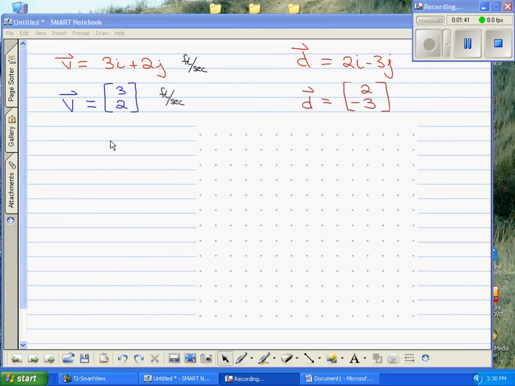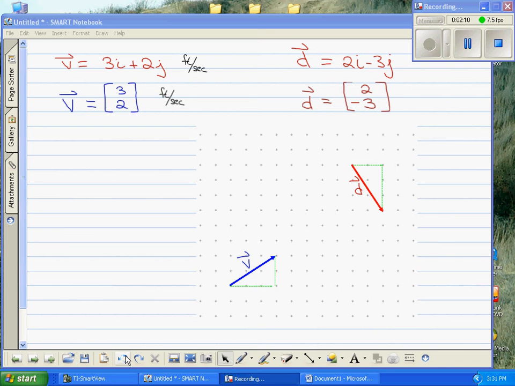Now to graph v, my x component is 3, so I go 3 units to the right. My y component is 2, so I go 2 units up. And this is my vector v. Actually, this is just the direction vector v is going. Now vector d, do the same thing. I go 2 units to the right, 3 units down, and here's the direction vector d is traveling.